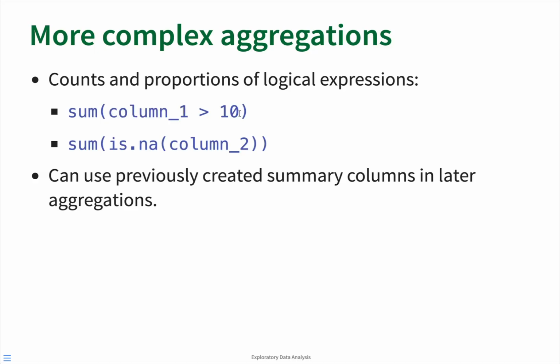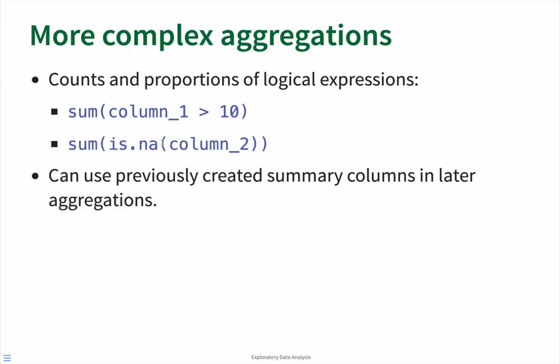And what this bit of code inside the sum function will do is convert column 1, which is presumably a column of numbers, into a column of trues and falses. And then the sum function will add up the trues and falses. And that relies on the fact that true is equal to 1 and false is regarded as being equal to 0. So it will add up the number of cases where this Boolean comparison is true.